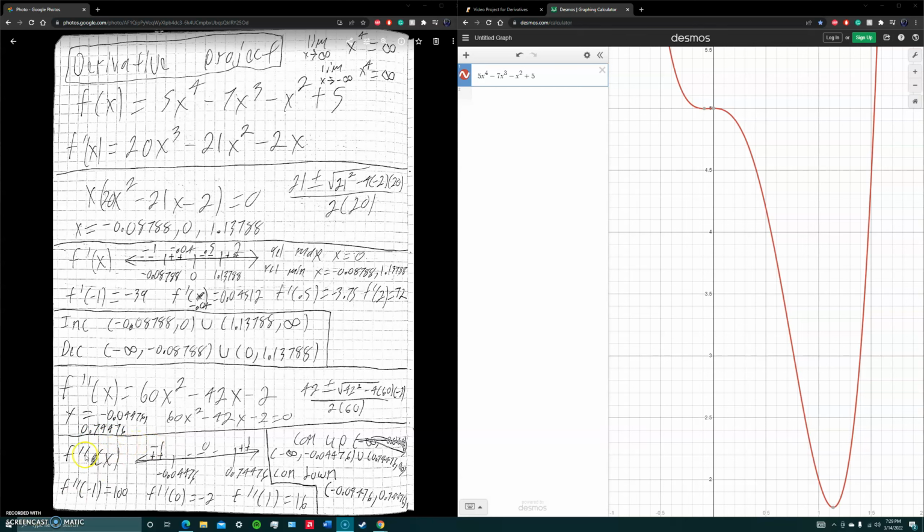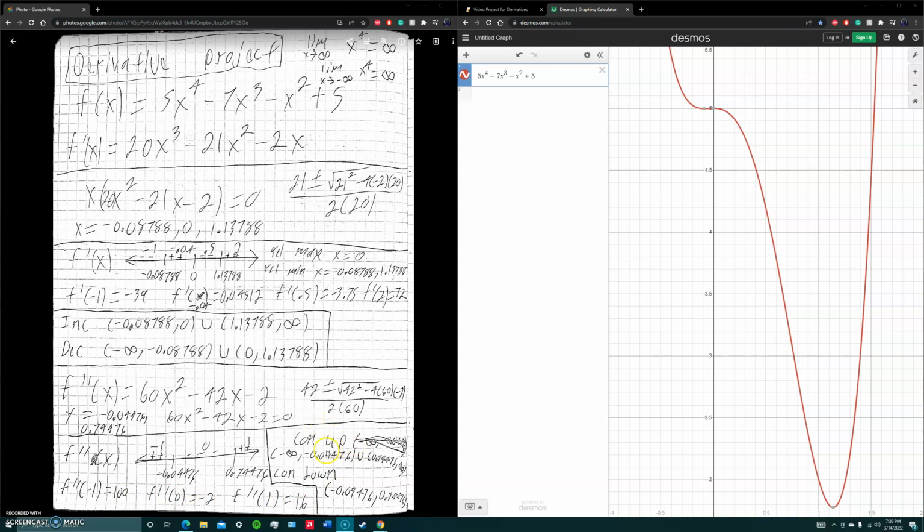For the chart on the second derivative for my f of x, it can be shown that I have the 2 points of inflection, and I had to plug in values that were higher and lower than the 2 points, like negative 1 being 100, 0 being negative 2, and 1 being 16.